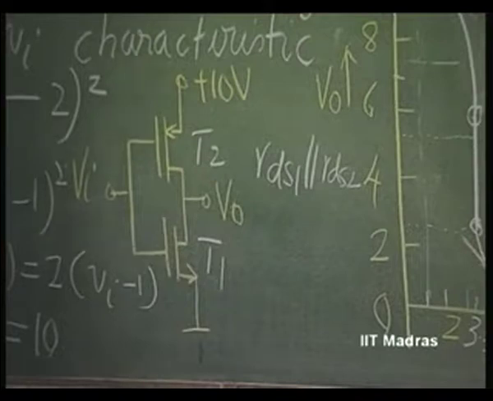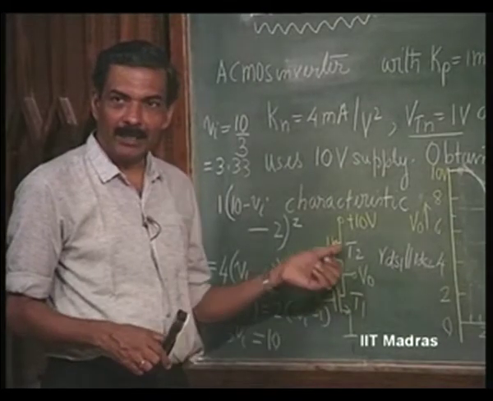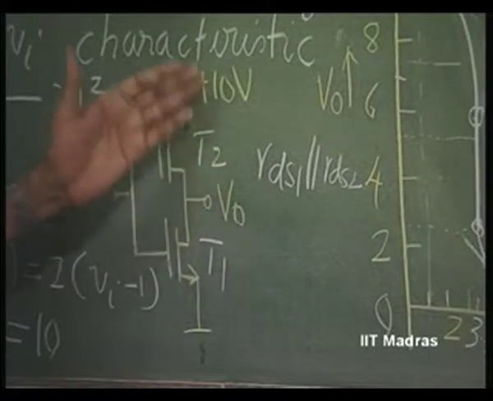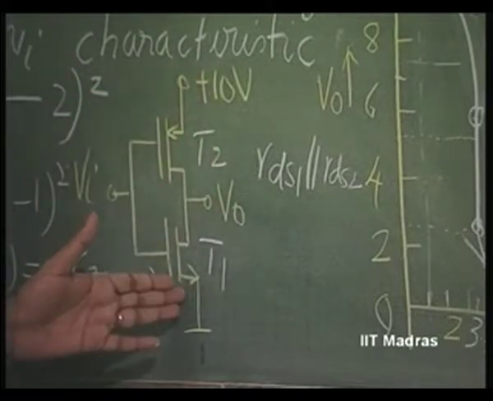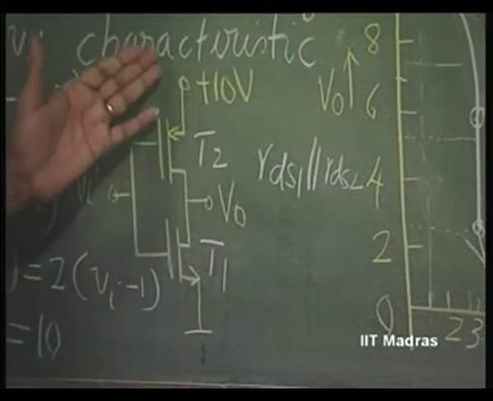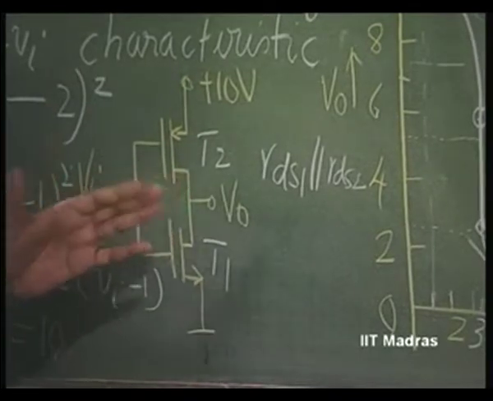And what is the effective current? 2 Gm times Vi: one Gm times Vi due to this, another Gm times Vi due to this, assuming both transistors operate at the same current. Gm1 and Gm2 may be different because the Ks are different.